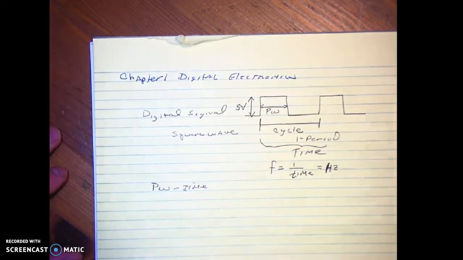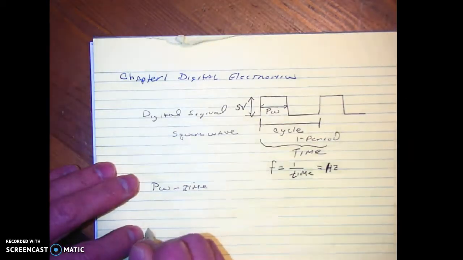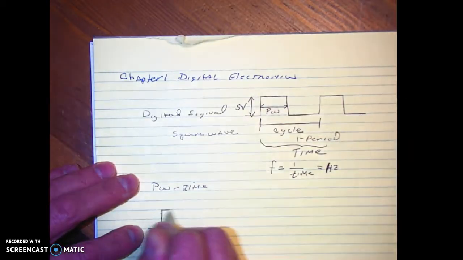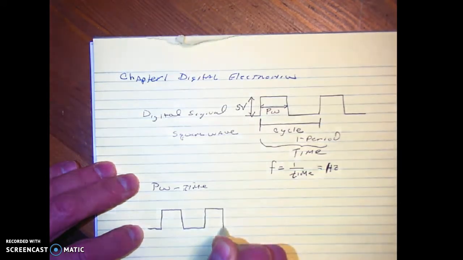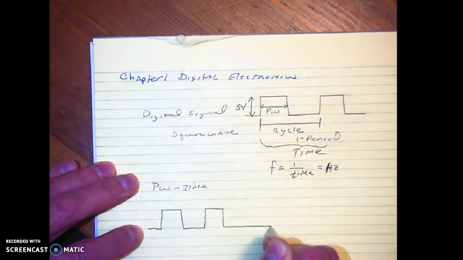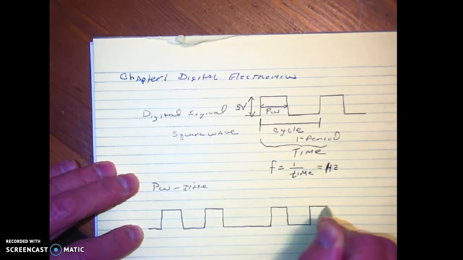Now, you probably ask yourself, well, what's so great about a digital signal? Well, let's look at a digital signal first of all. Let's say we have a repeating pattern that looks like this. And then we have something that comes off, and then it goes back on, and then it comes back and does that.